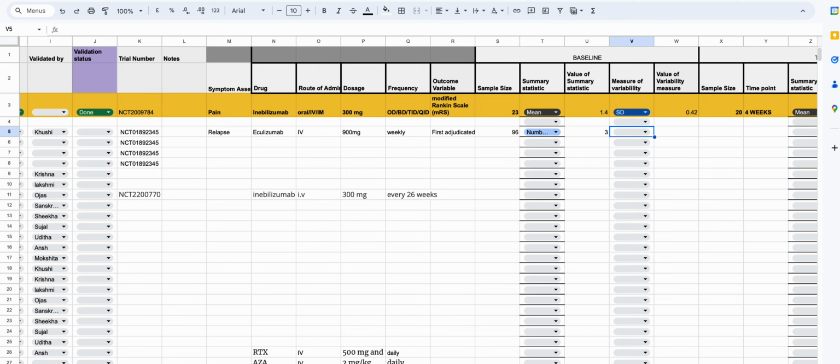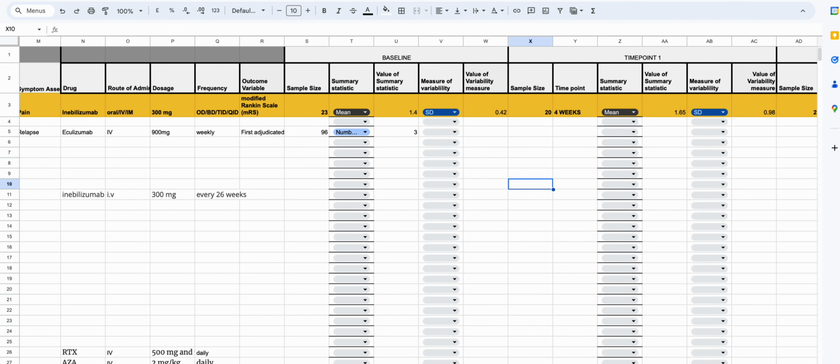And measure of variability is nothing over here, because obviously this is a discrete variable, like a yes or no type variable, that is, is there a relapse or not. Such kind of variables won't be having a measure of variability. Otherwise when we are having a mean, we would have a standard deviation or a standard error, right? So such a case is not present. So for numbers or percentages, these two columns would be empty.